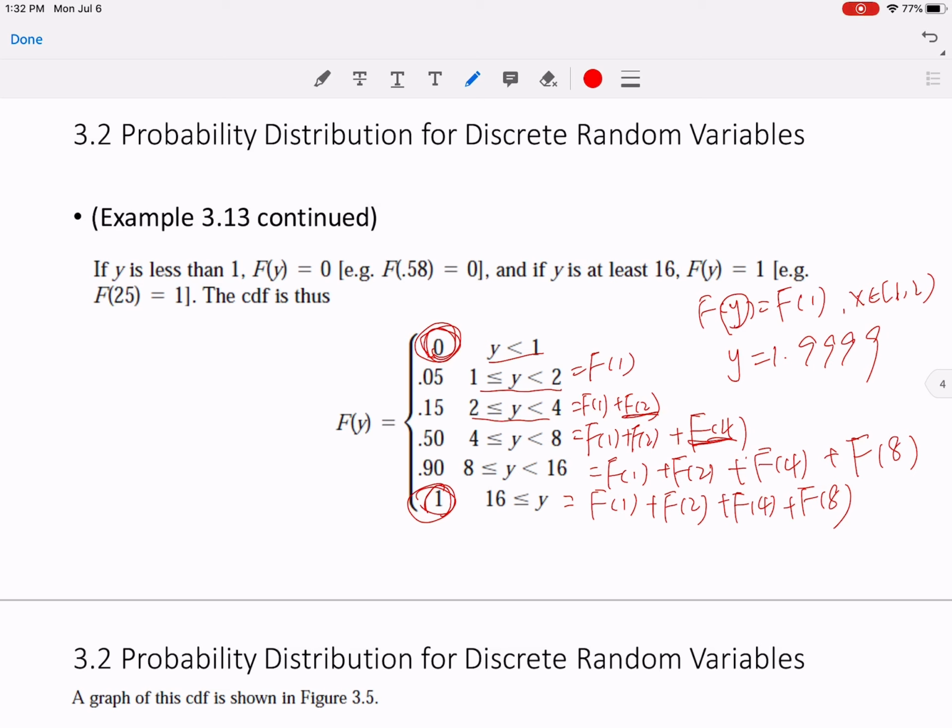That means the value of the CDF keeps getting bigger and bigger until it's equal to 1. That's why it's cumulative, because we're adding one more number to the previous interval every time.